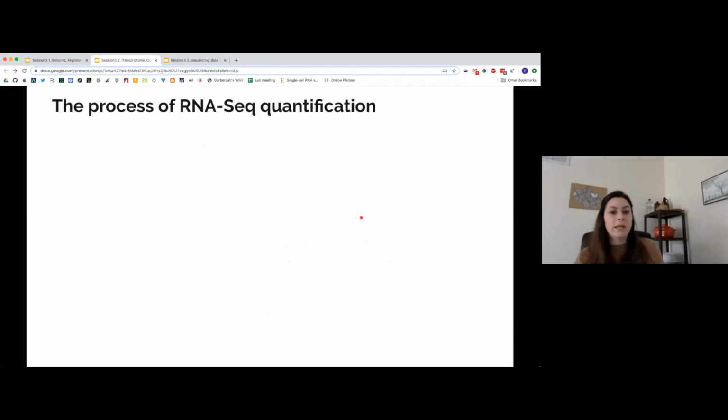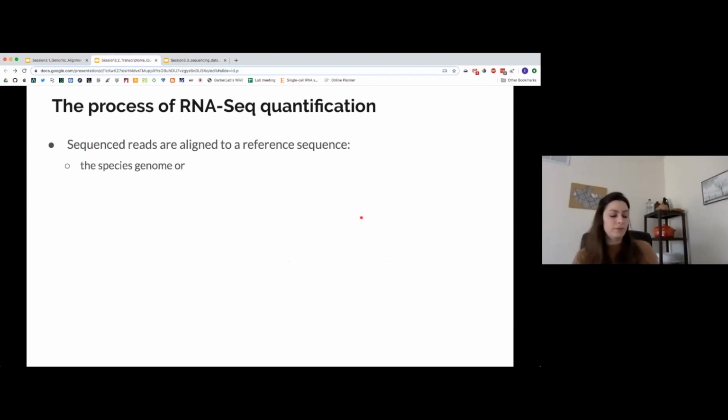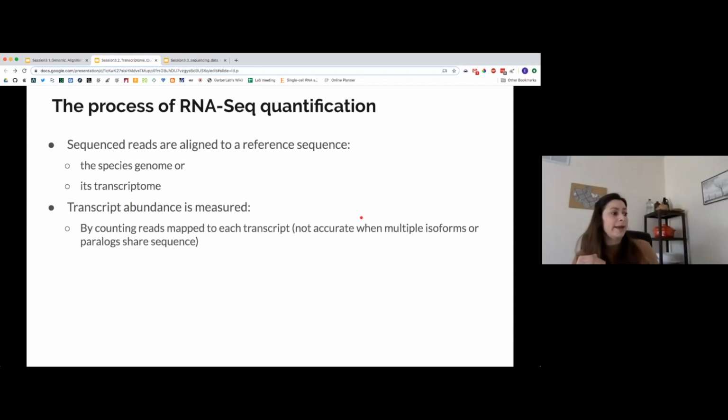All right, but let's go over the quantification steps again that we did. We have sequence reads and we align them to the reference sequence. That can be the species genome or the transcriptome, like we discussed. And we measure the transcript abundance by counting the reads mapped to each transcript.